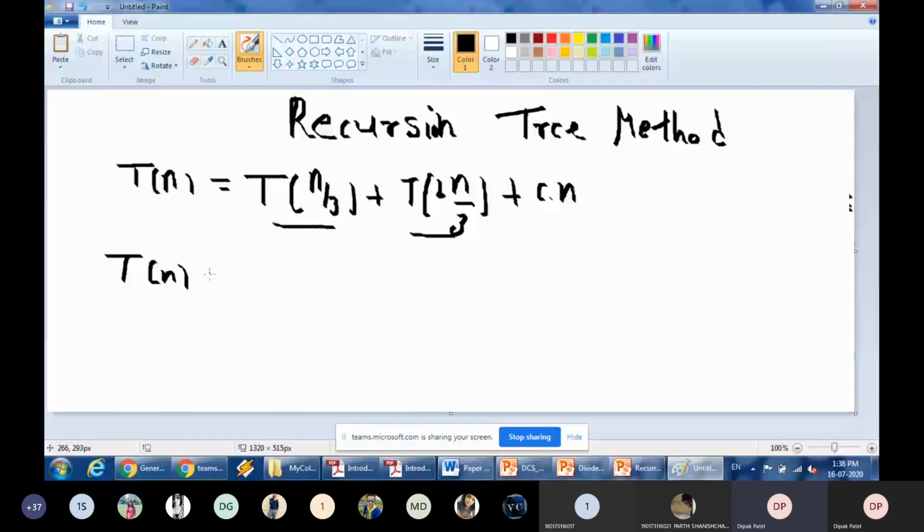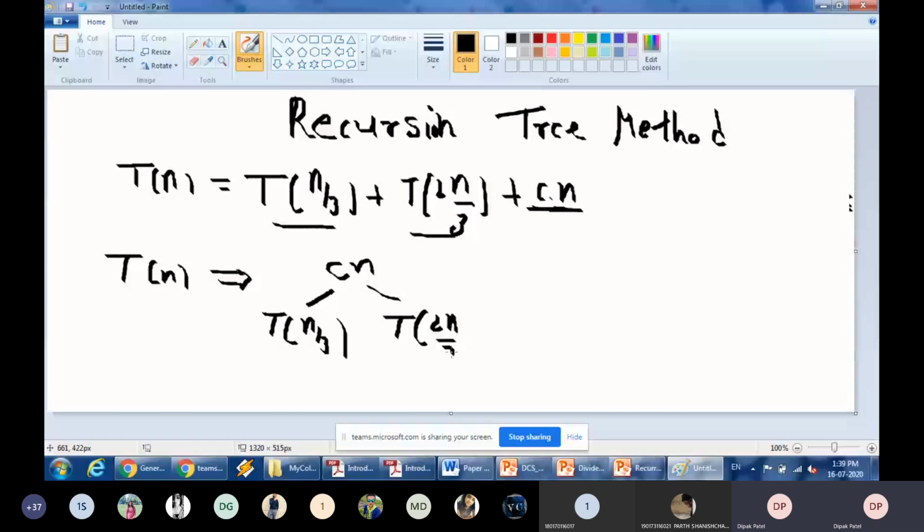So Tn is replaced by, for some part, the time complexity is Cn. That is known. But for the remaining two parts, it's a recursive equation: T(n/3) and T(2n/3). We need to further solve these two equations.